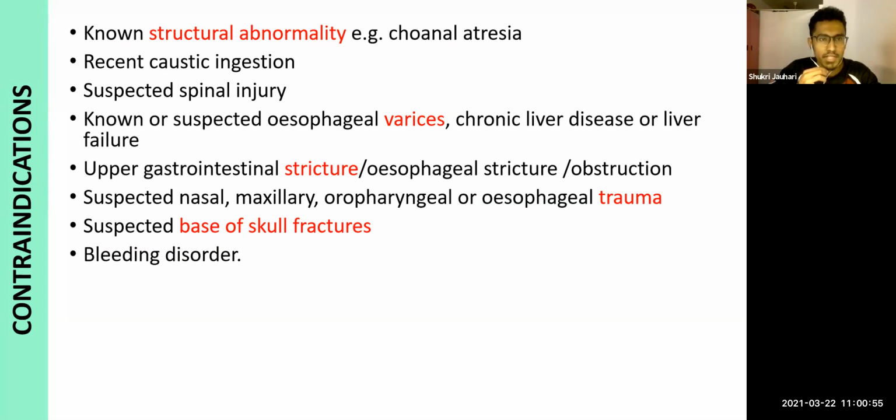The third one is suspected spinal injury. The fourth one, if the patient has any known varices. The fifth one, if the patient has any stricture, trauma, and also suspected skull fractures. And last but not least, the last contraindication is if the patient has any bleeding disorder.